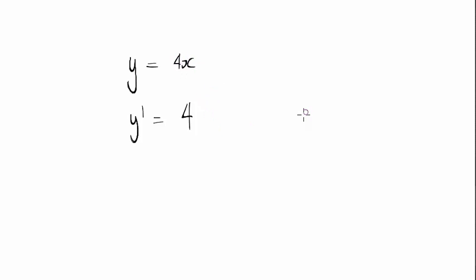Understand? If I tell you my derivative is equal to 6x, what was my original? It was 12x squared. You sure? Yes. Take the derivative of that. That's 24. Yeah.